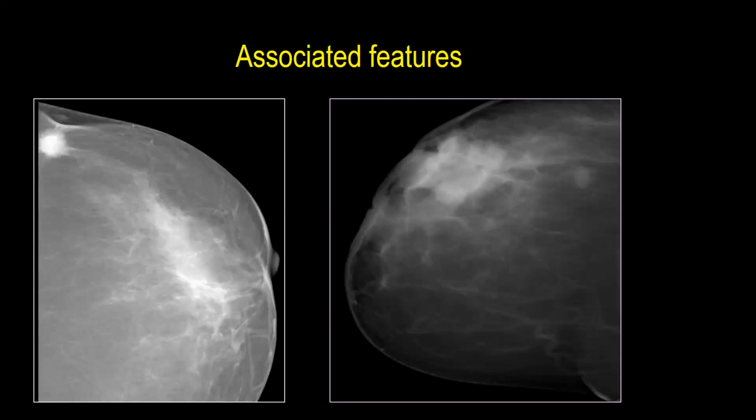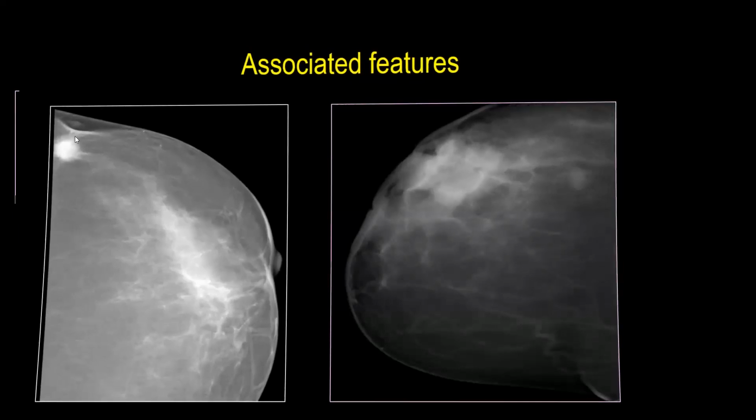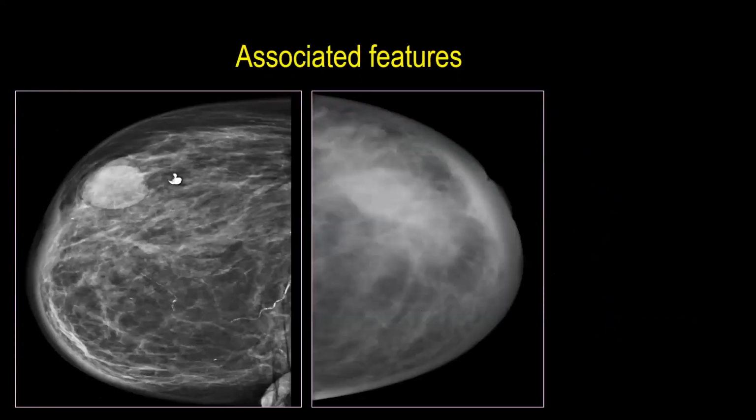Okay, so architecture, skin thickening and skin retraction. Nipple retraction, but mainly here the skin changes in terms of thickening and retraction. Can you see the dimpling here? Skin dimpling. Okay, and the associated feature here is straightforward.